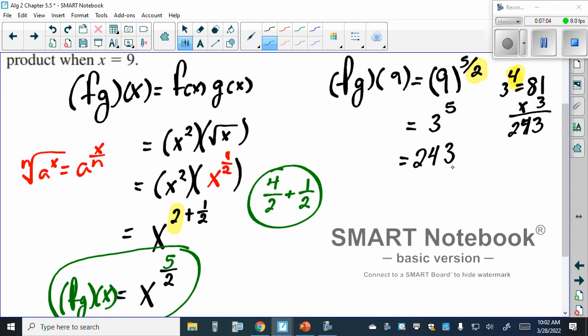I multiplied the 3 by 9, not by 81, and got 27 earlier. So this is our f times g of 9, if we evaluated it. But that's it. That's all we have to do for these here. Questions on these here? Not too bad.